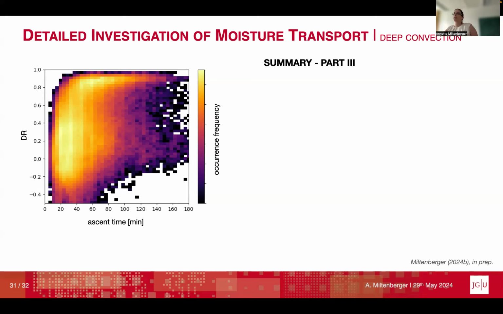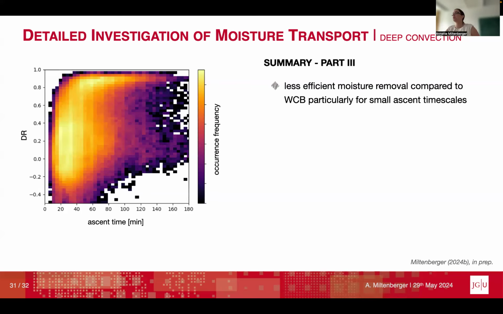And the drying ratio: if you remember, for the warm conveyor belt we stopped at 2 hours because we couldn't go to higher resolution, and we were at this plateau. Now here, we definitely see this loss in the efficiency of moisture removal if we go to the very short SN timescales.